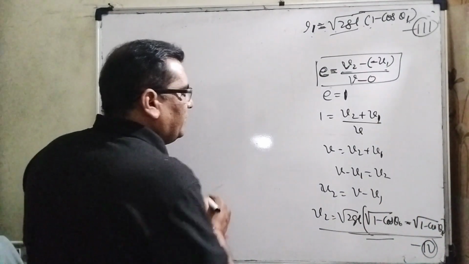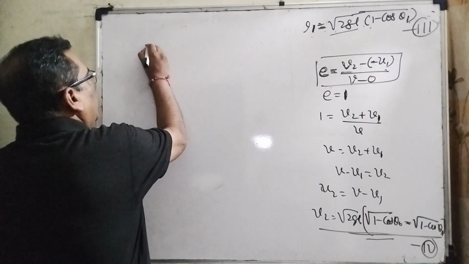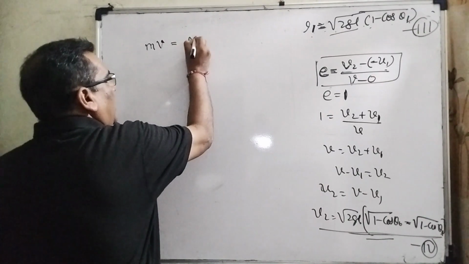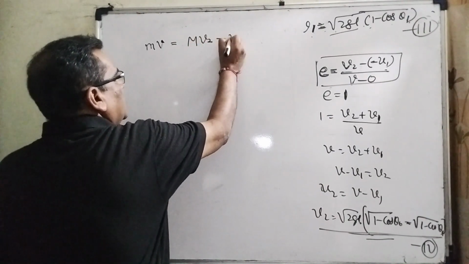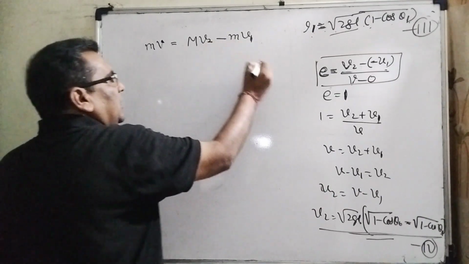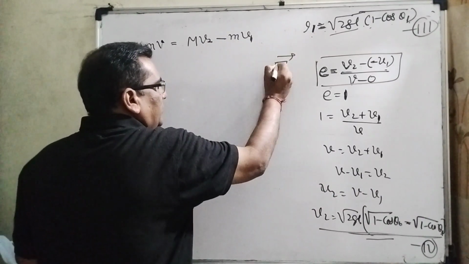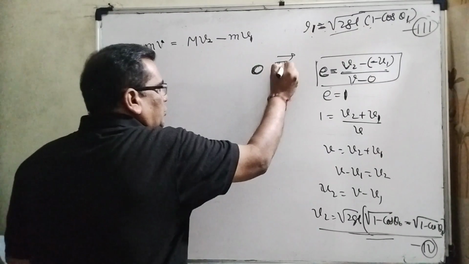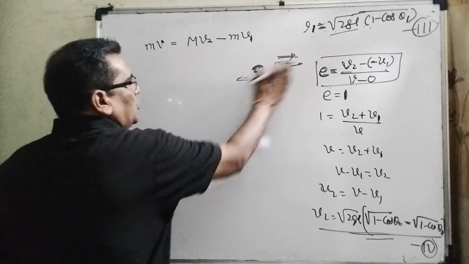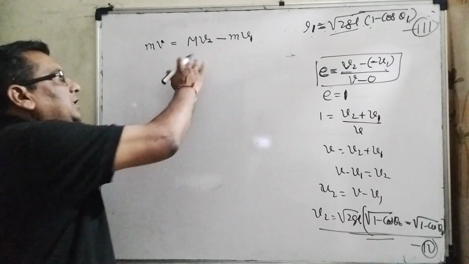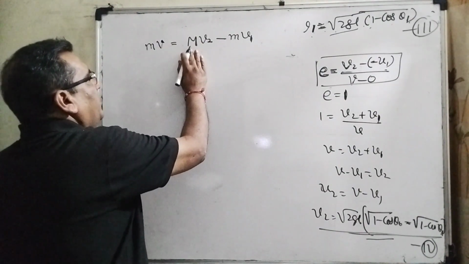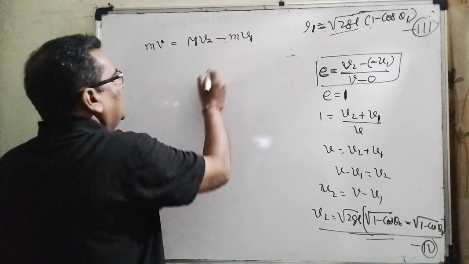Now from the law of conservation of momentum, mv before the collision equals capital M v2 minus mv1 after the collision. Here we use minus because the block goes to the right side and the bob goes towards the opposite side, so the sign is opposite. So mv equals capital M v2 minus mv1.